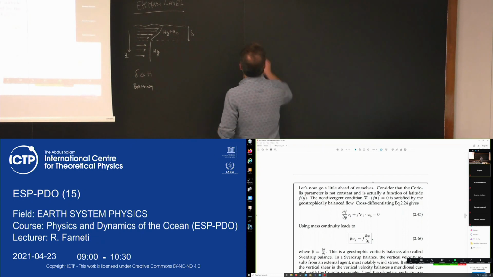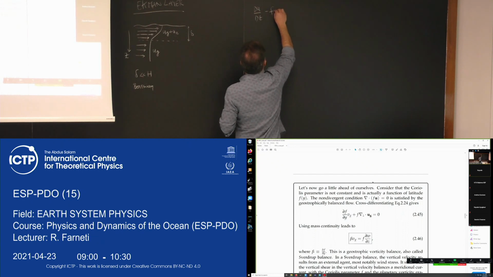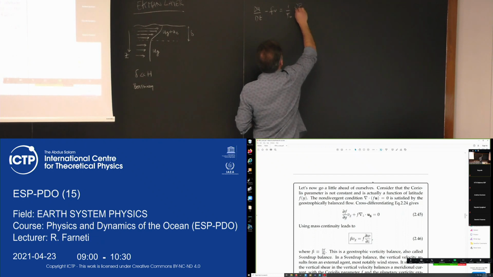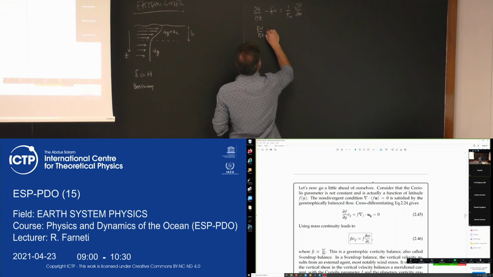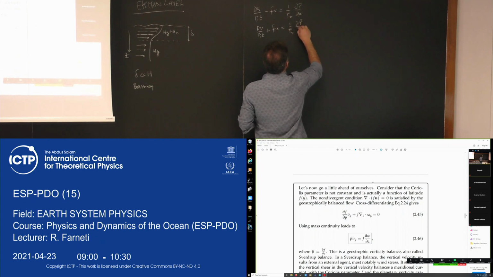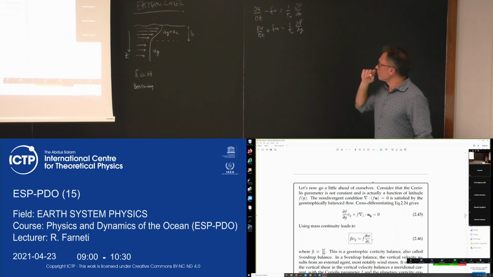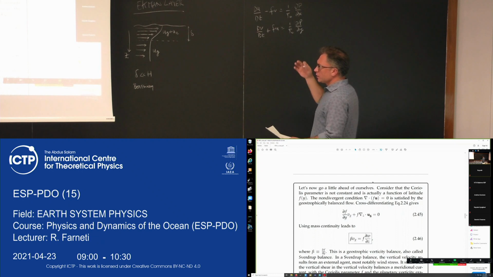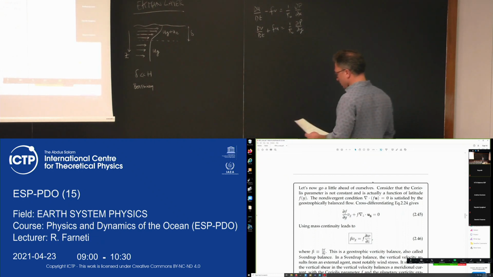Okay, so the equations that we had were the geostrophic ones. Okay, so this is just the horizontal momentum equations for the geostrophic flow. And then we had the hydrostatic balance, still using the hydrostatic balance, and mass continuity.